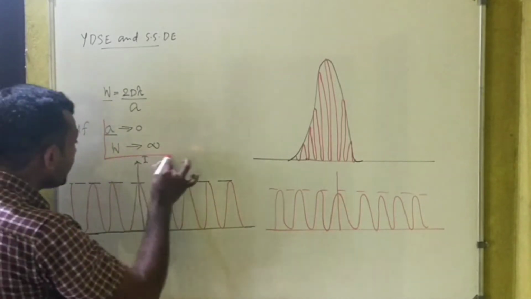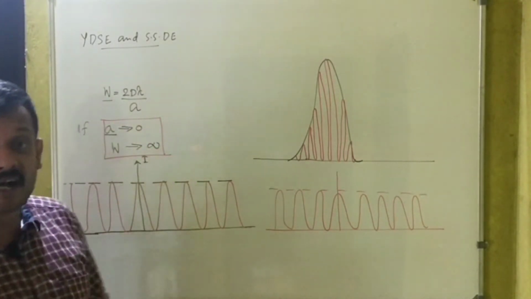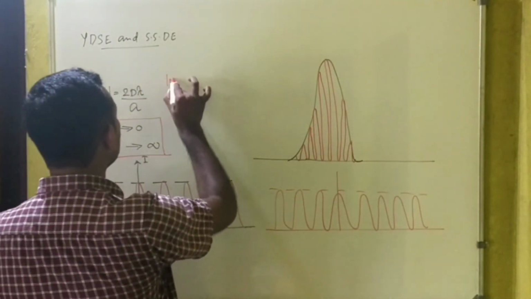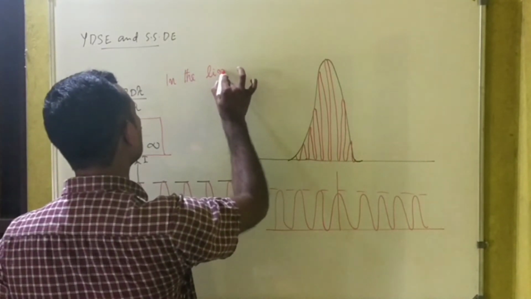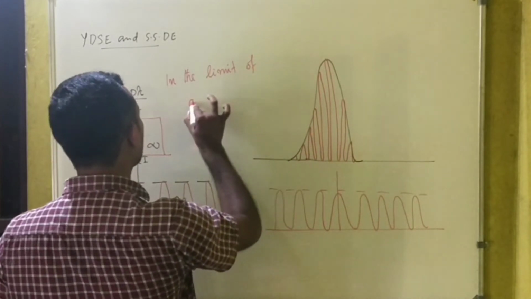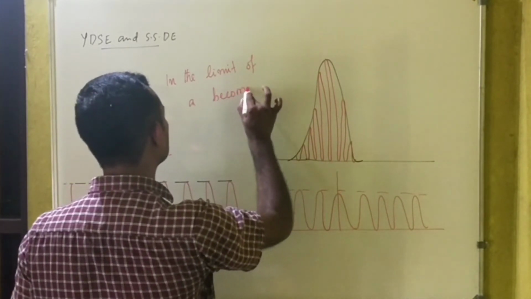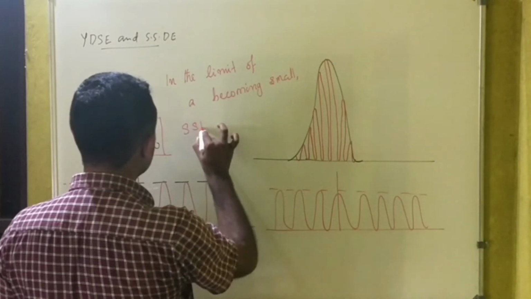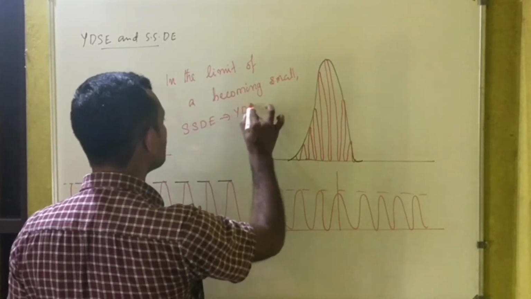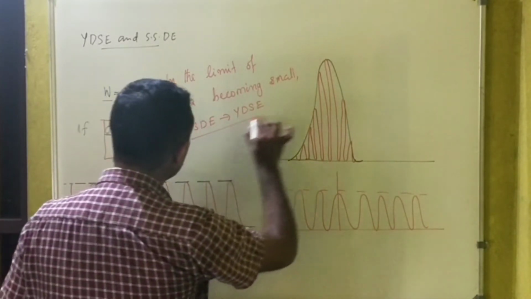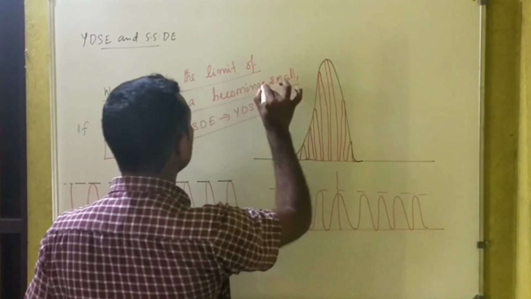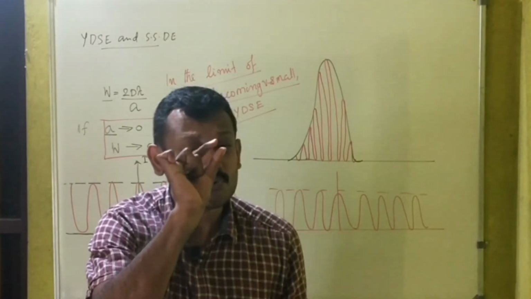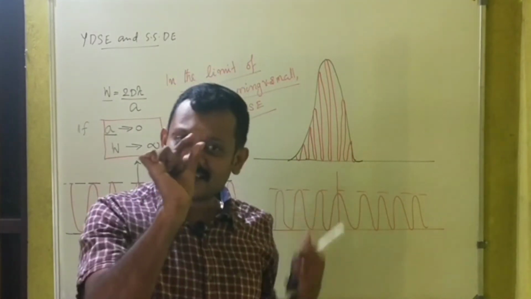So the most important condition for YDSE is that in the limit of a becoming very small, that is, when the width of the slits is too small, single slit diffraction becomes YDSE.